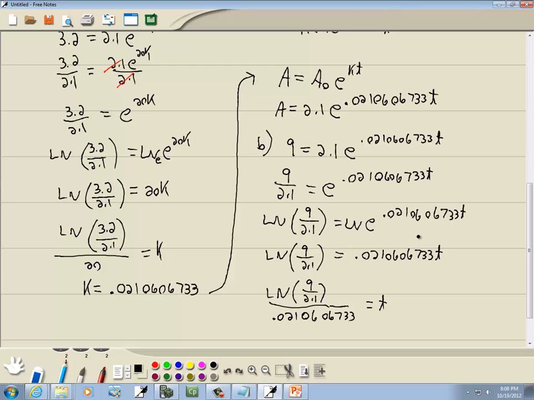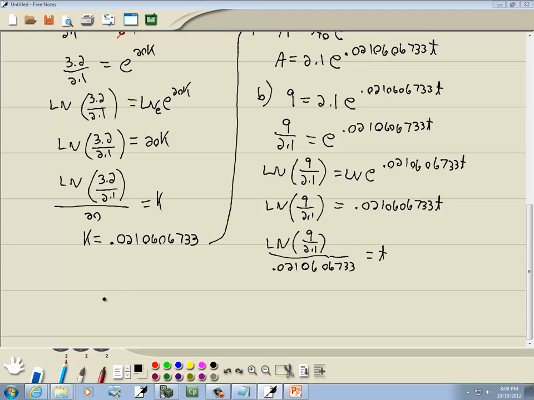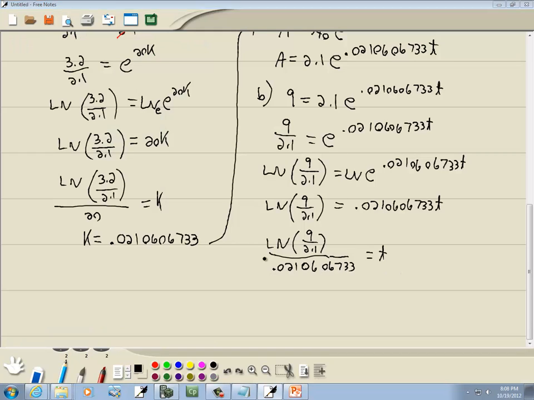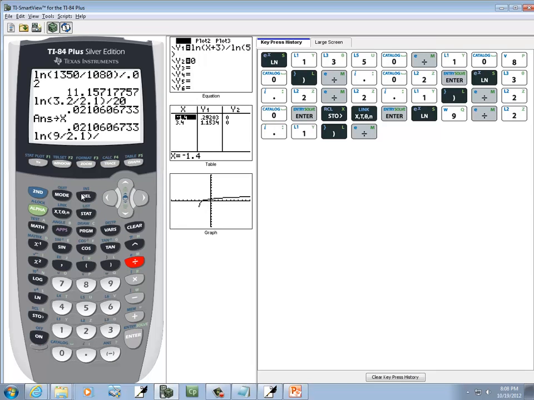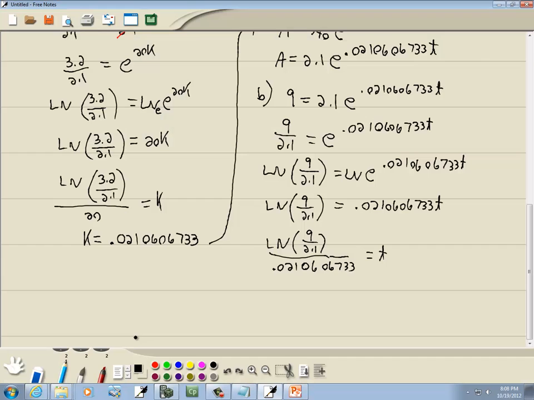Now let's plug this in the calculator and see what we get. So I got natural log of 9 divided by 2.1, closing parentheses, divided by this long number right here. Remember that long number, we stored it in X. So if I click X there and press enter, then that'll give it to us. Now if you have trouble with that store, just type in a long number.